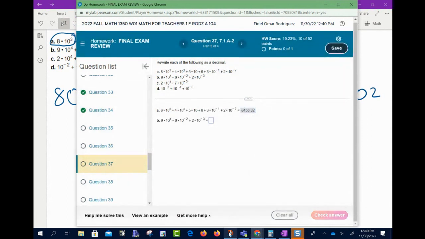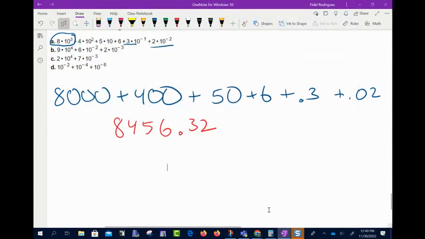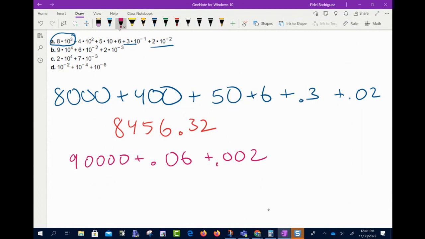Okay, let's do part B, C, and D. So look, let's take a look at part B. For part B, I'm going to write a 9 and then 4 zeros after that, right? So 9 and then 1, 2, 3, 4. And then I'm going to have a 6 with 2 decimal places in front of it like this. And then I'm going to have a 2 with 3 decimals in front of it, or not 3, but moving it 3 spaces, I should say, to the left.